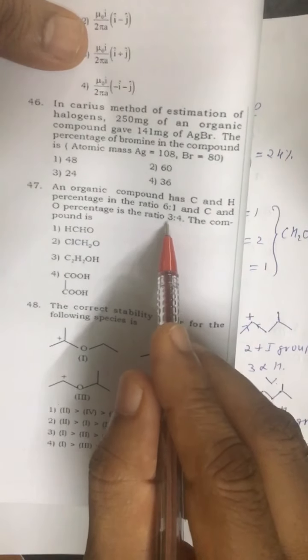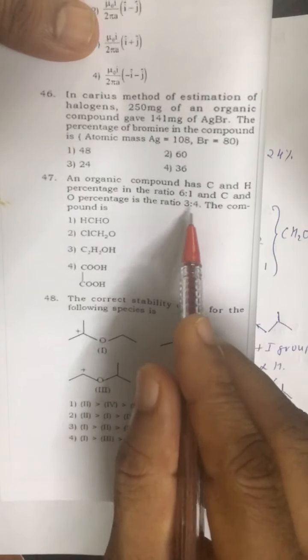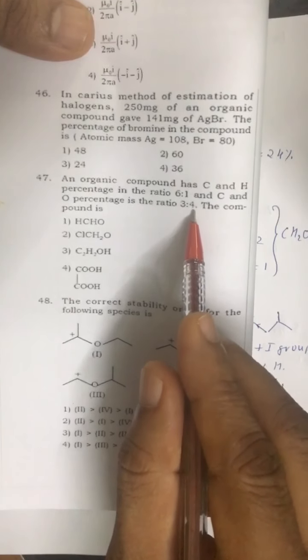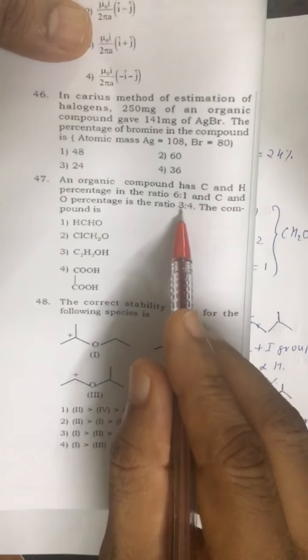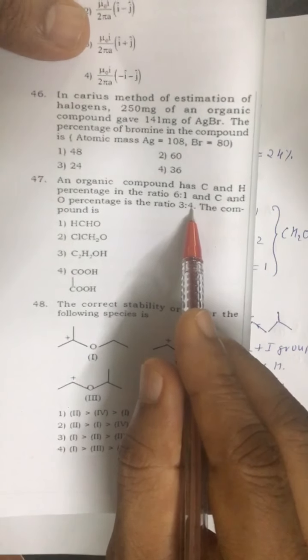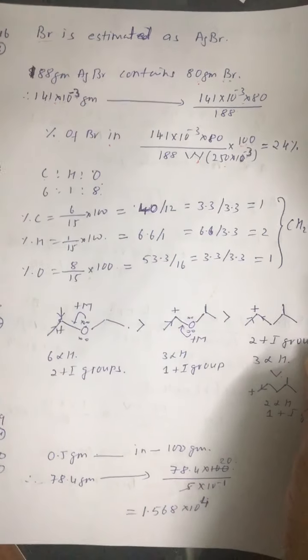So if carbon becomes 6, then for 3 the ratio of oxygen is 4, so if it becomes 6, the oxygen becomes 8. So 6:1:8 is the percentage ratio.